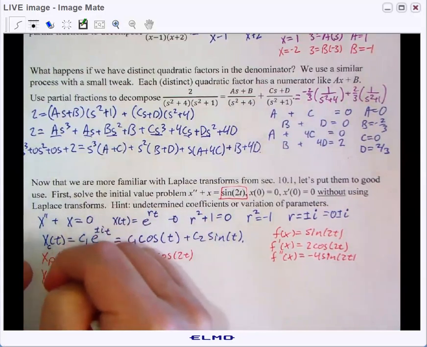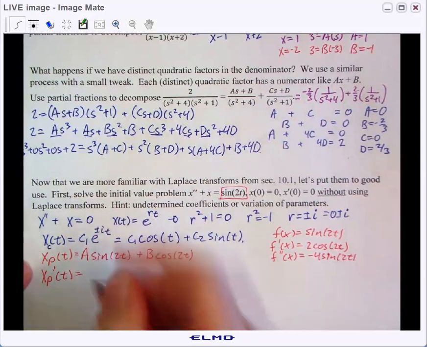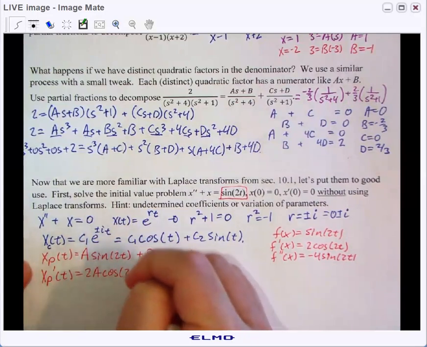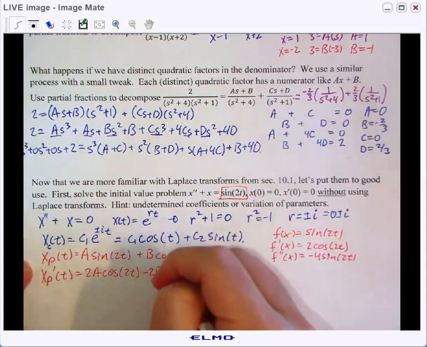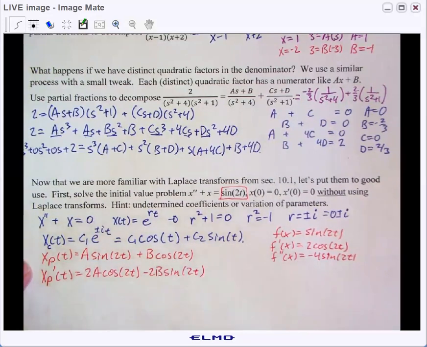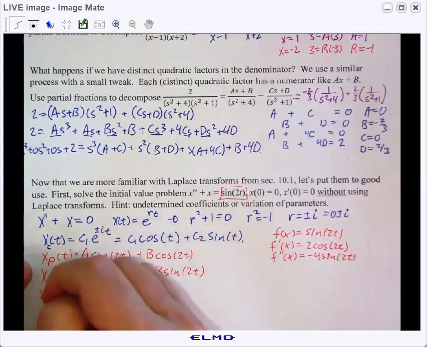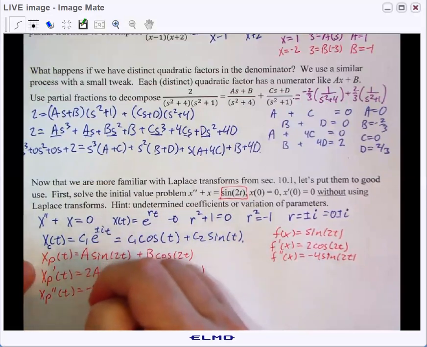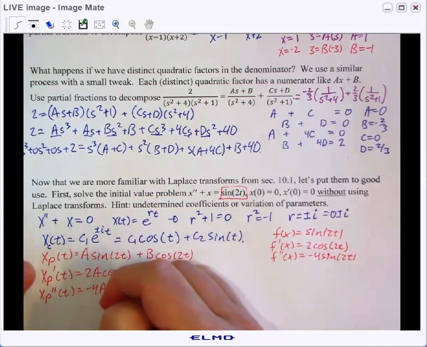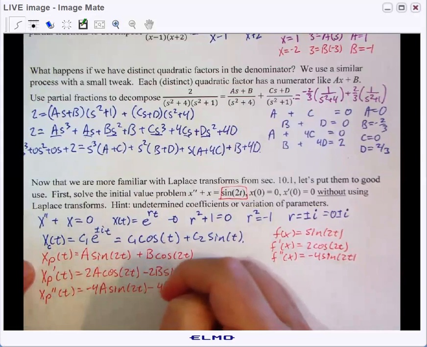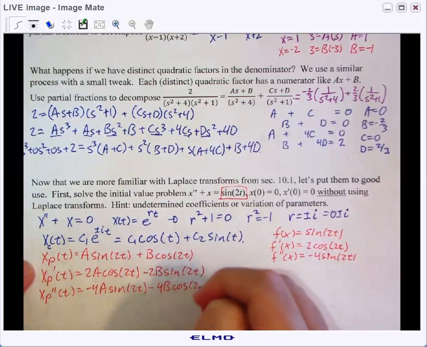So xp prime would be 2A cosine of 2t minus 2B sine of 2t, and xp double prime of t is going to be negative 4A sine of 2t minus 4B cosine of 2t.